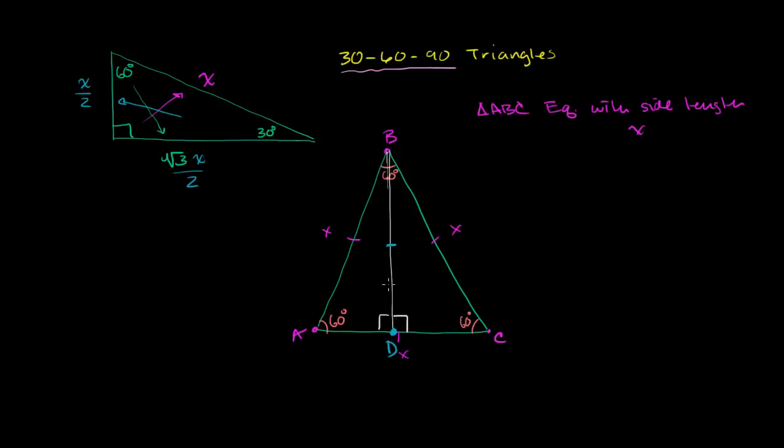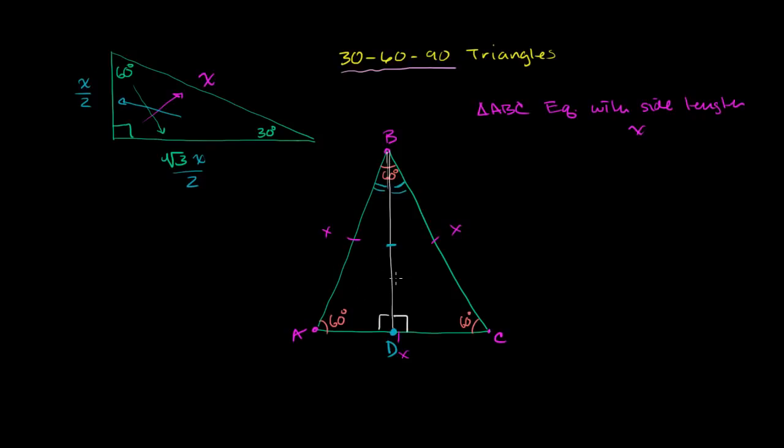This angle right over here is congruent to this angle over there. This angle right over here is congruent to this angle over here. And so if these two are congruent to each other, then the third angle has to be congruent to each other. So this angle right over here needs to be congruent to that angle right over there. So these two are congruent.